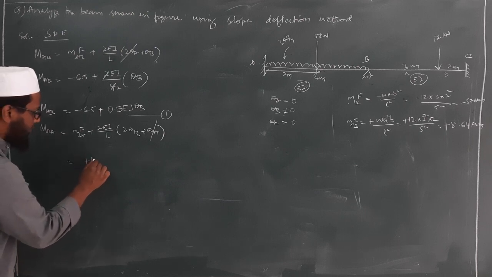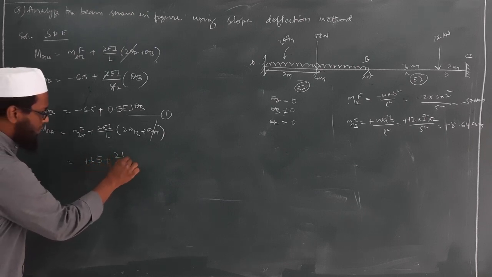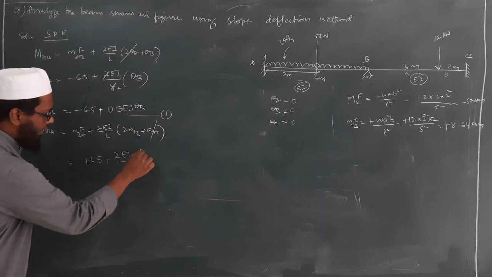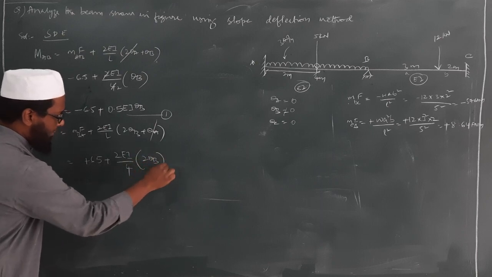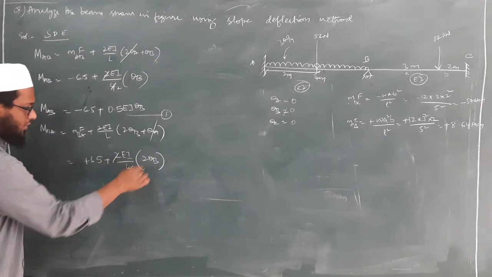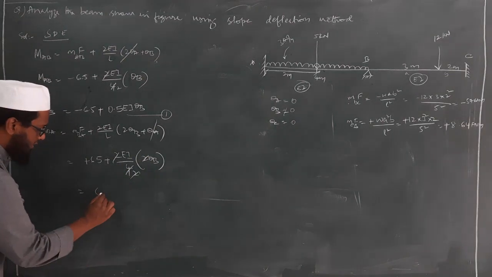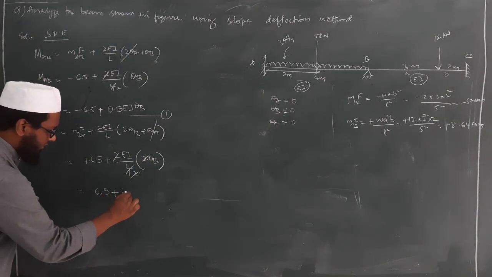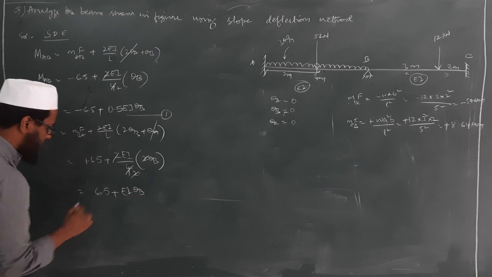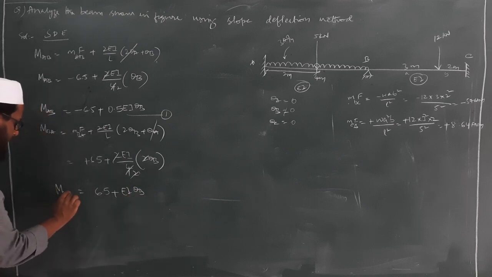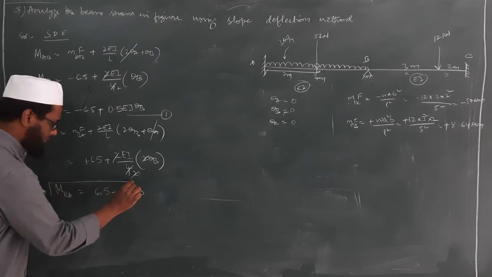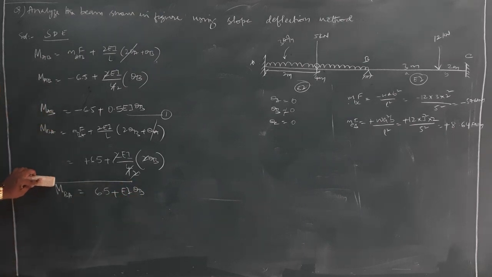So plus 6.5 plus 2EI by 4 into 2 theta B. So finally 6.5 plus EI theta B. This is MBA. Call this equation number 2.